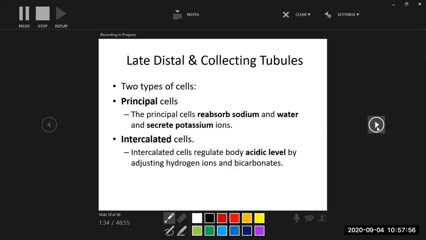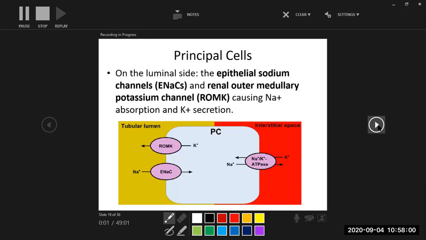So that's that one. Let's look at the principal cells. We saw this before. This is the principal cell. They have three channels. On the luminal side, we have ENaC, the epithelial sodium channel, as well as ROMK, the potassium channel.